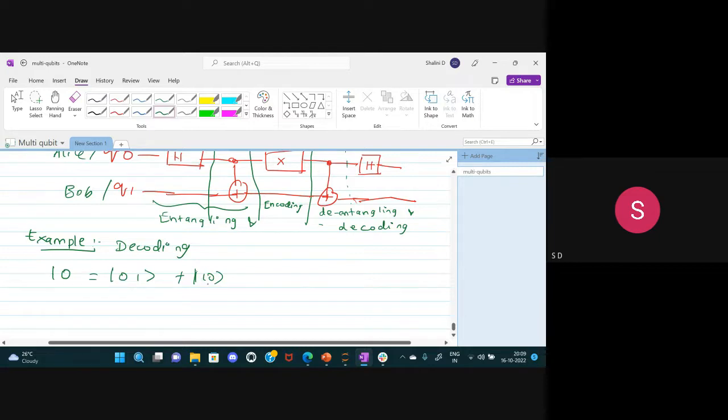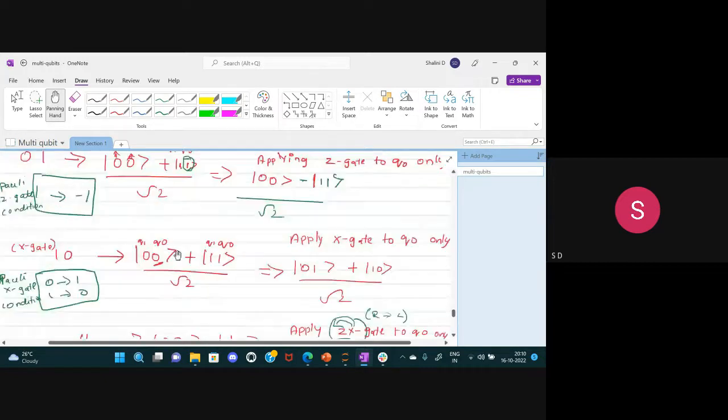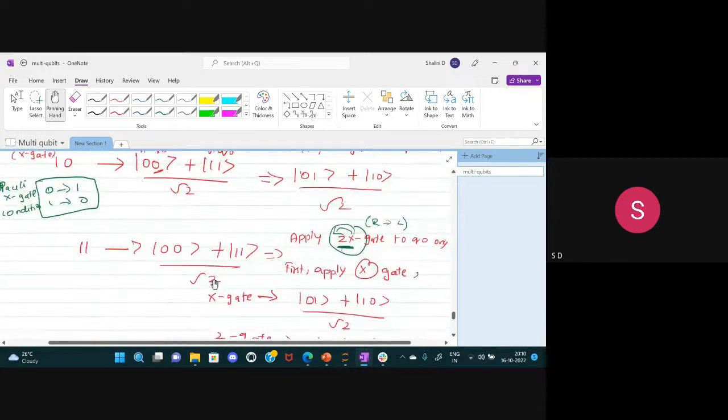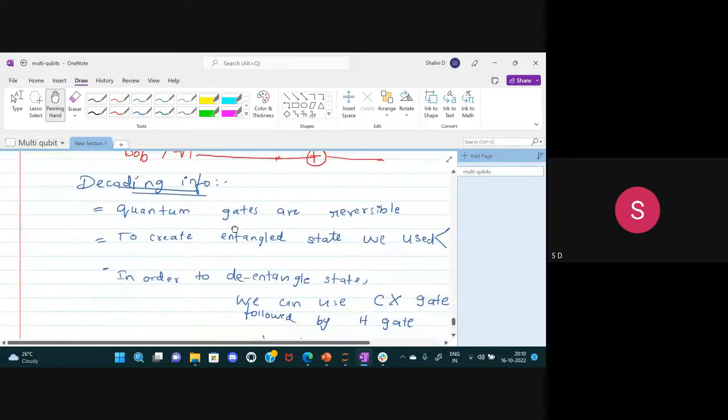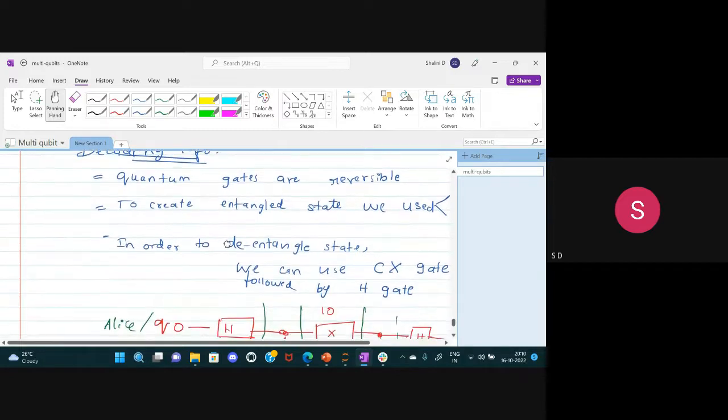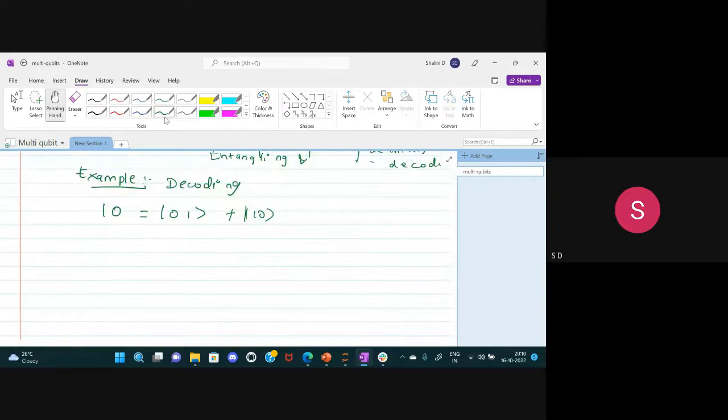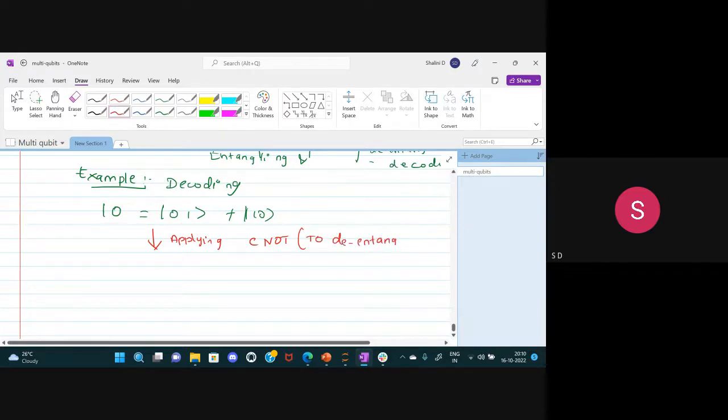So when you apply H, just a second. 1 0 0 1 0 1 plus 1 0. Okay. So now I'm applying C naught to de-entangle the state and decode.